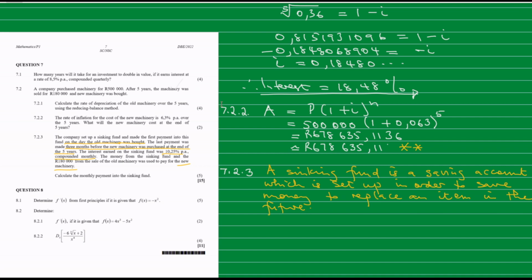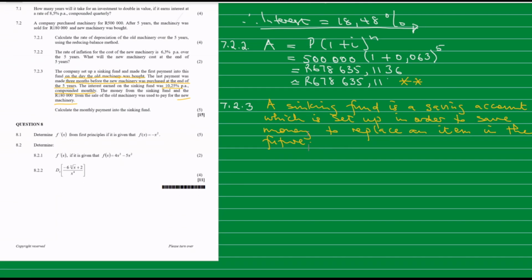So what we have here is that we have bought a machinery for 500,000, but 5 years from now, that machinery will be costing us 678,000. However, when we sell that machinery, we are going to recover 180,000 rand. So what we are going to do is set up a savings account.